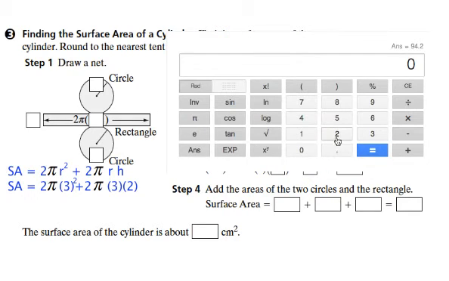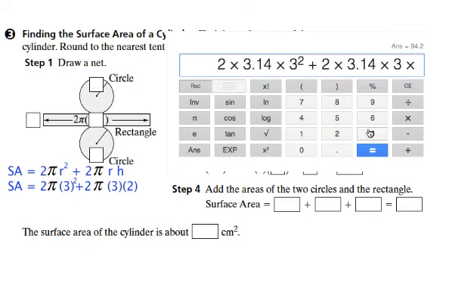We're going to take 2 times 3.14 times 3 to the second power, make sure that you do that on your calculator properly, plus 2 times 3.14 times 3 times 2.